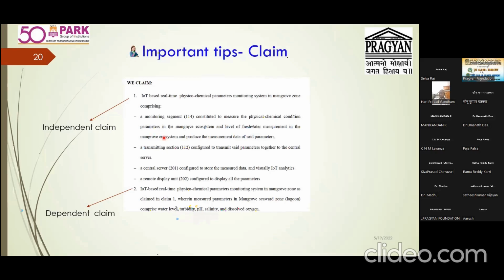This is my own invention; I have my own server, transmitter section, and monitoring segment. After the independent claim, we go for the dependent claim: what my monitoring segment is doing, measuring the parameters. So you should have a minimum of 1 to 2 claims.